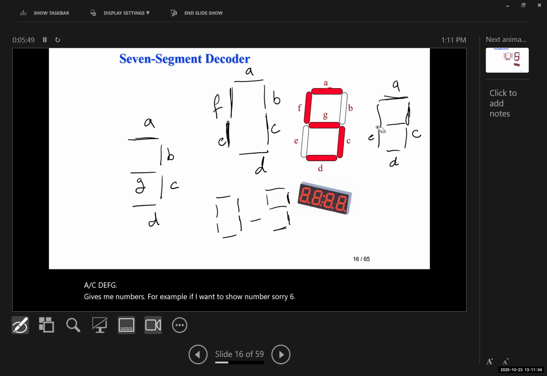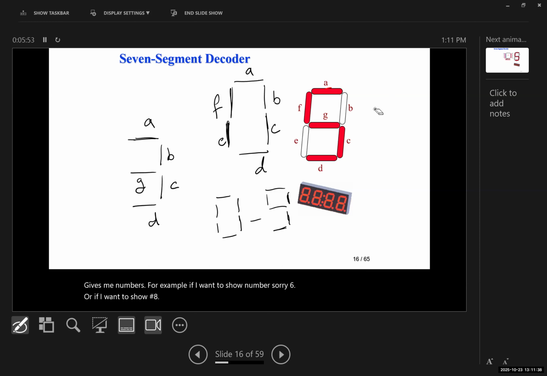Or if I want to show number 8. Or if I want to show number 7, it's going to be A, B, C. Is 1 going to be BC or FB? BC. Depends. Sometimes you can show it with both of them, but usually it's BC.